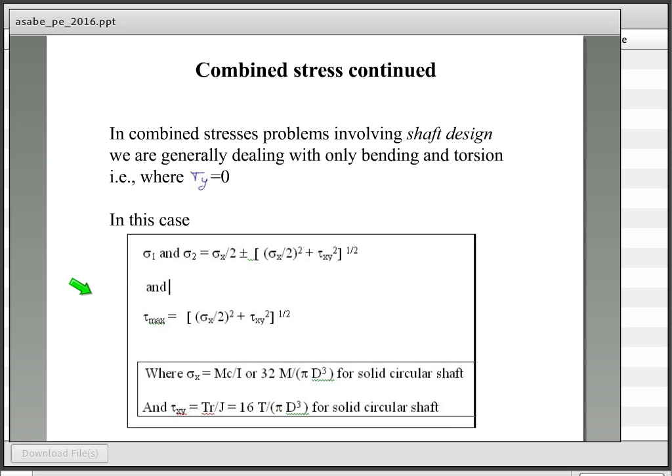But all I wanted to show you here is that this is a whole topic called shaft design, and in that case, we're generally dealing only with bending and torsion, where sigma y is equal to 0.